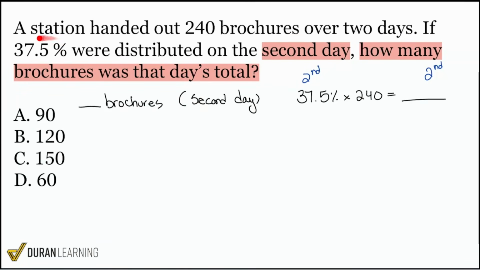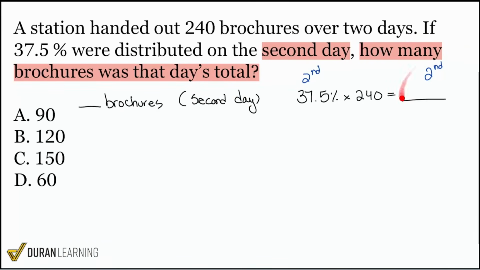So if you are confused right around now, typically that's going to be because you're looking at a 3-digit decimal and you're like, oh man, I don't like that at all. It might be because of that percentage, and it might be because of some new context, a new situation. So just remember, the percent times the original equals the result. The result that we want is the second day's brochures.